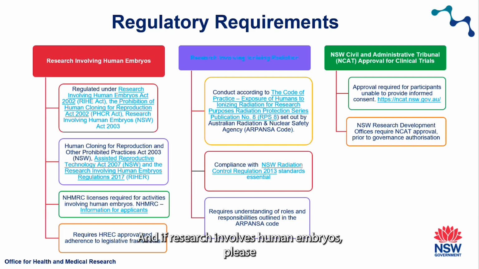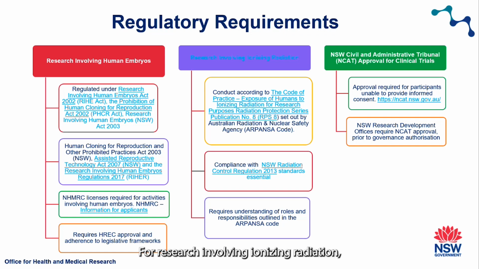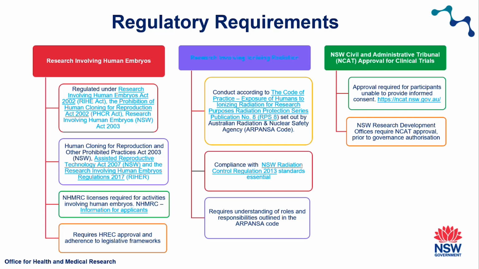And if research involves human embryos, please ensure that NHMRC licenses and HREC approval are obtained before commencing any research activities involving human embryos. These are regulated by the RIHE Act and New South Wales legislations. For research involving ionizing radiations, follow the ARPANSA code RPS 8, and compliance with radiation exposure standards is essential.